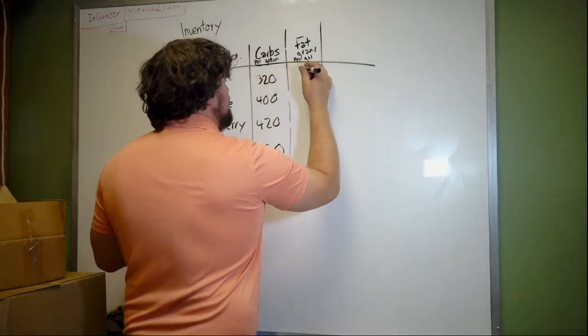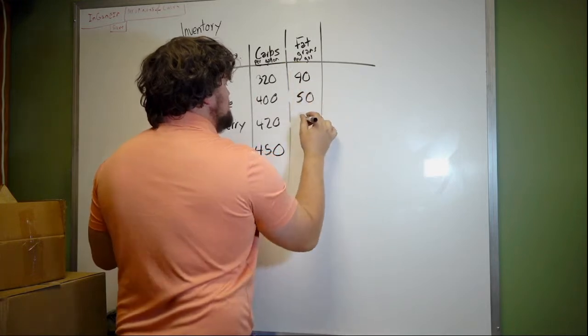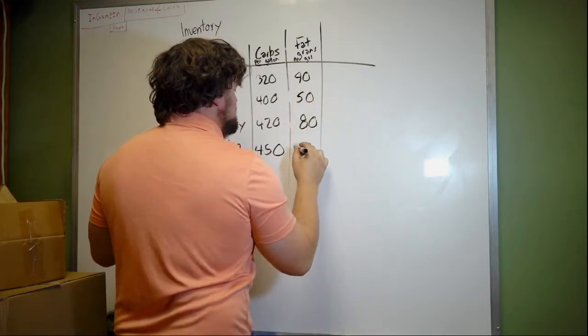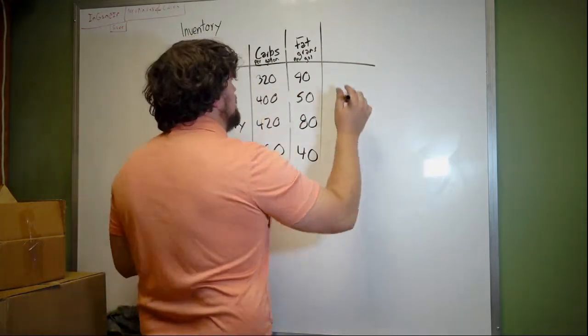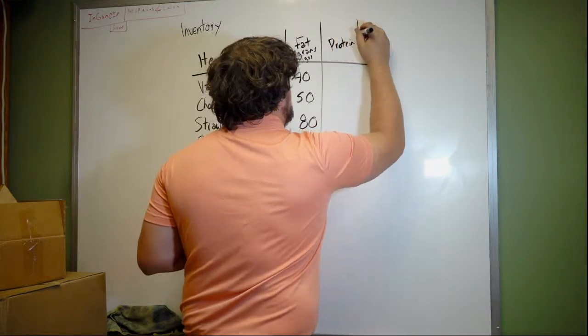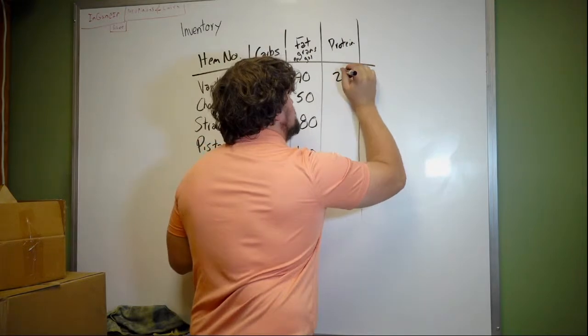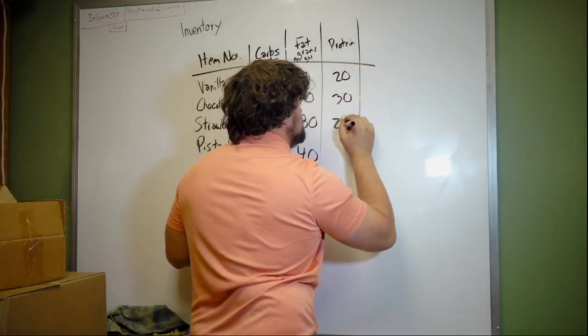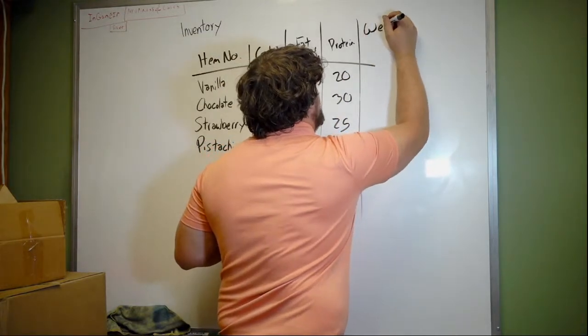Okay, so here we'll say 90, 50, 80, 40. Just throwing out numbers. And then, you know, each one of these is going to have a protein count. Again, grams. I'm just throwing these out here. 20, 30, 25, 25. Weight per gallon.